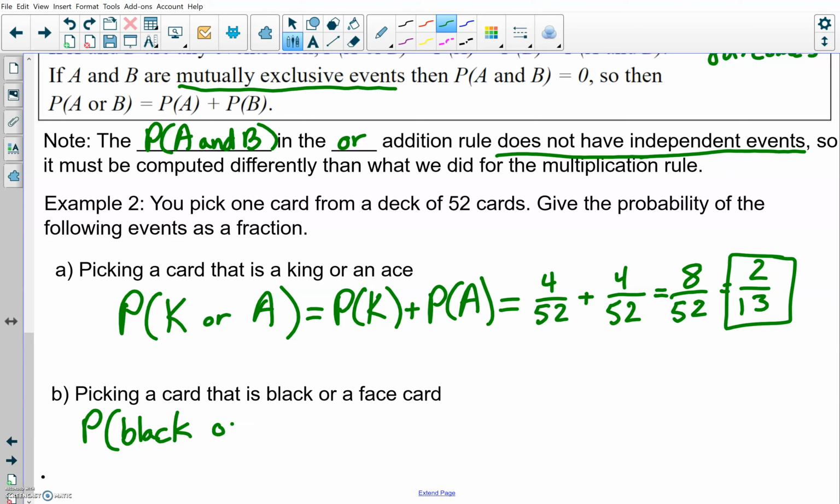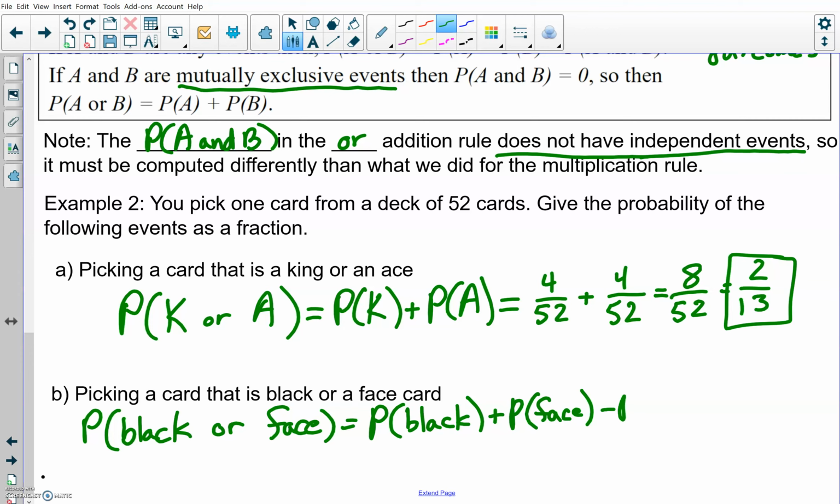So if we want the probability of black or face, we're going to start just like we did up above by adding the two together. But knowing that these are not mutually exclusive, that there are common outcomes, we need to subtract away the probability of any of these cards being black cards and face cards at the same time.